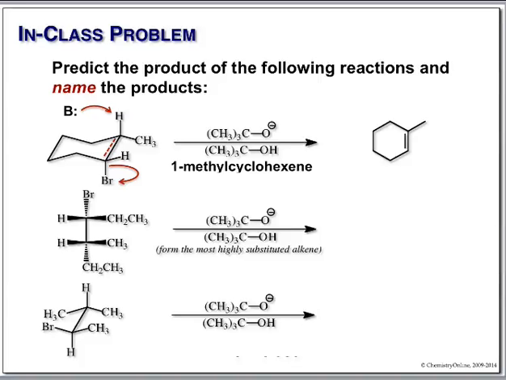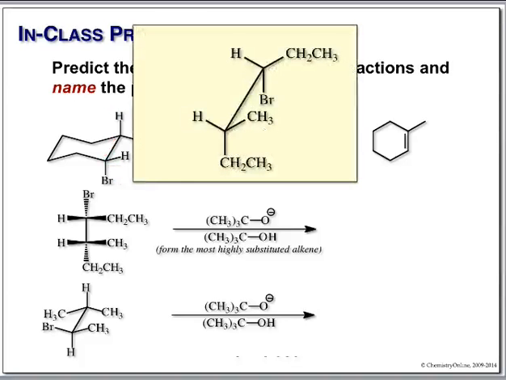All right, this guy is just like the one we saw earlier, except different. Again, we're going to do an E2 elimination. We want to form the most highly substituted alkene. Let's go ahead and redraw it. We have hydrogen and methyl up, hydrogen and ethyl up.